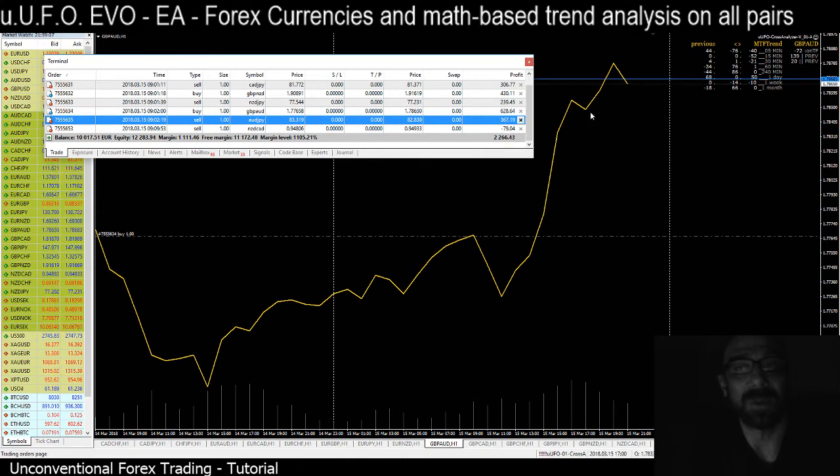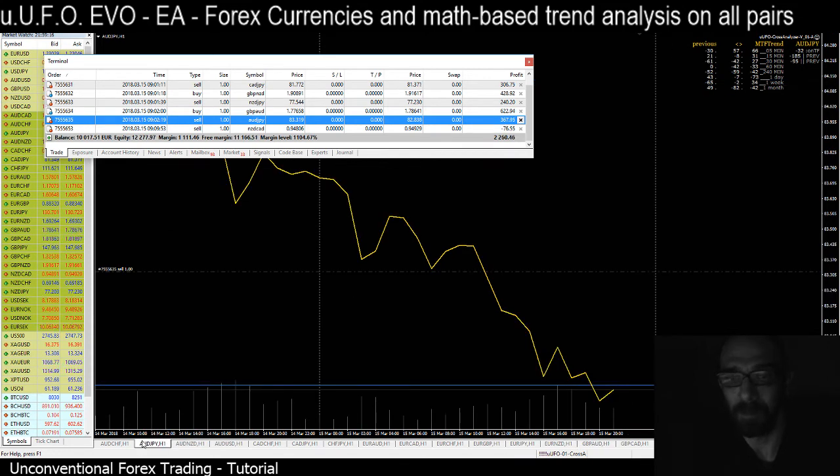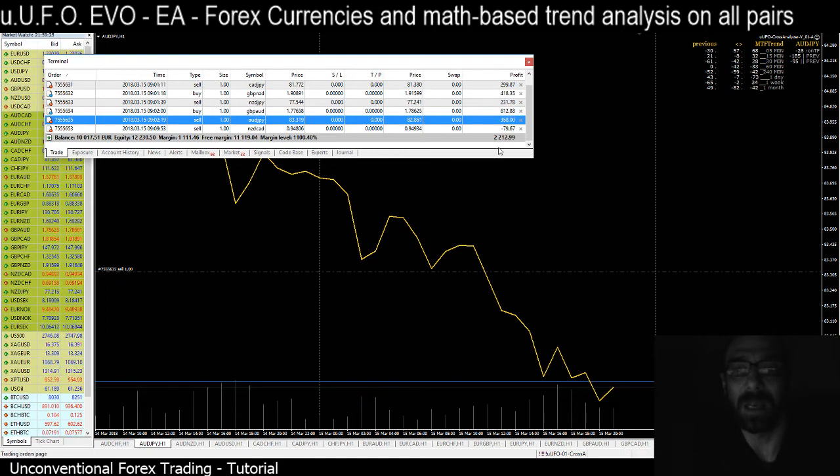Then we have Aussie yen, which is going in a sell direction, and here is a sell line, and is still negative but getting strong.